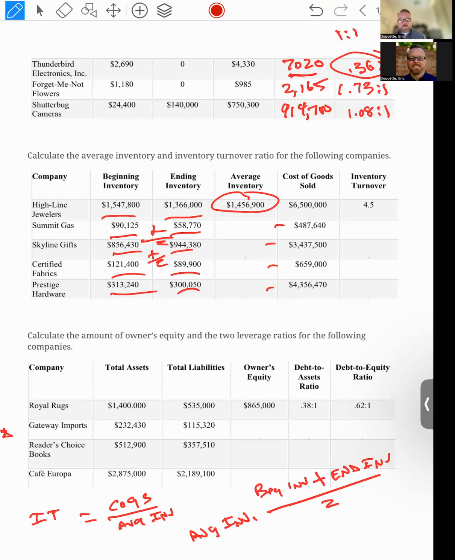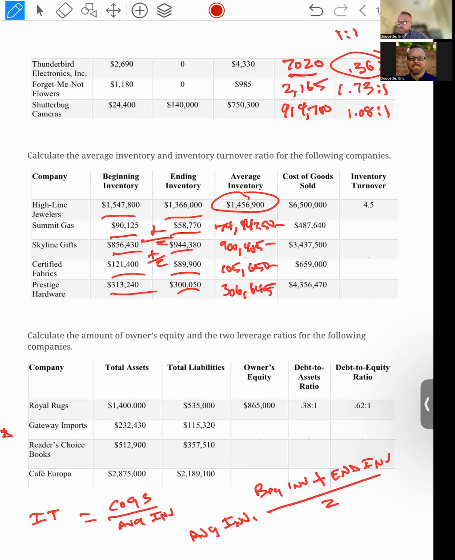So the average inventory on this one is 74,447.50. The average inventory on the next one would be 900,405. The average inventory on Certified Fabrics would be 105,650, and then the Prestige Hardware average inventory would be 306,645.